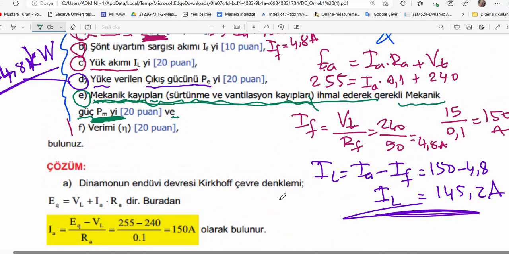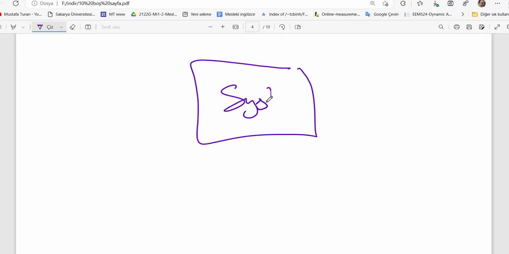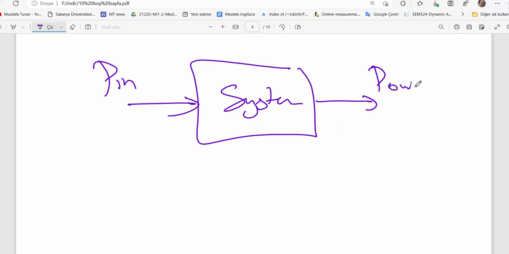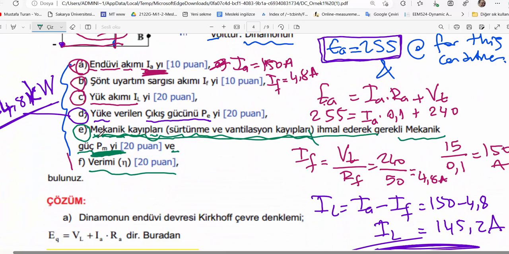And the final question is the efficiency. There is no need for further explanation. Any system has an input and an output. Such a system's efficiency can be written as output over input power. What is the output for this machine? It is a generator, so output power is the load power.